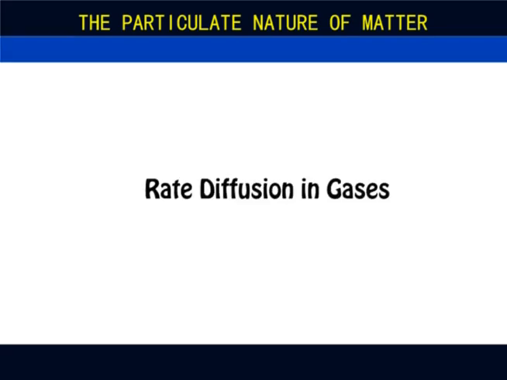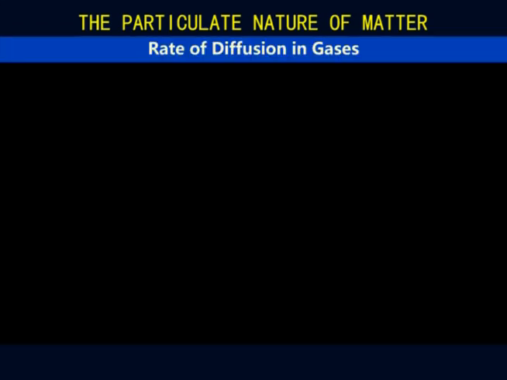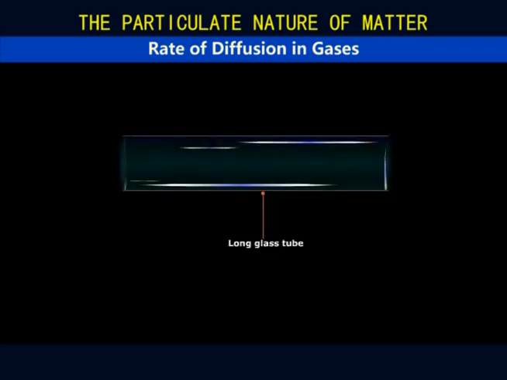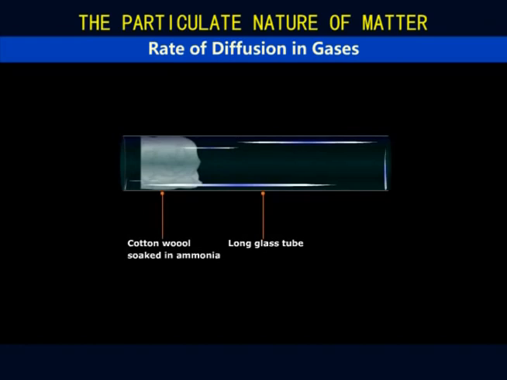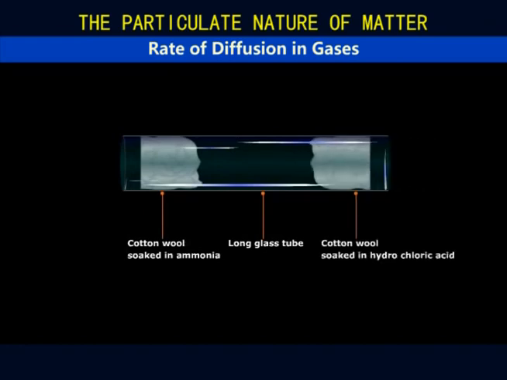Different gases diffuse at different rates depending on the size of their particles. Consider this long glass tube open on both ends. We plug one end with a cotton wool soaked in ammonia and the other with a cotton wool soaked in hydrochloric acid. We seal the ends with rubber corks.